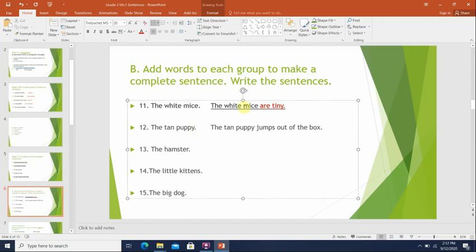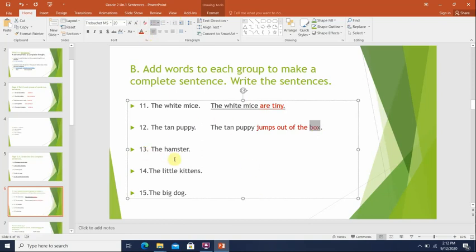I added just a few words to make a complete sentence. The tan puppy jumps out of the box.